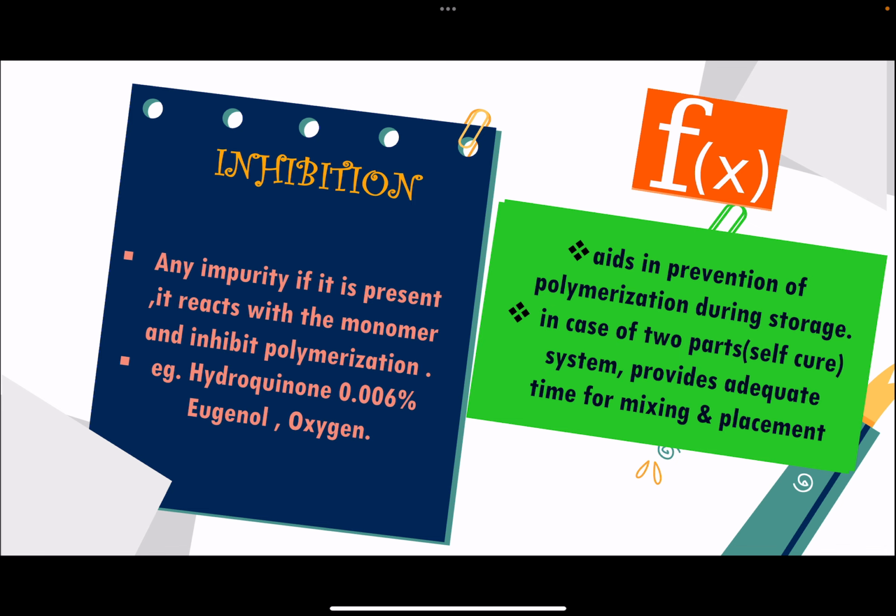Inhibition. Any impurity, if present, reacts with the monomer and inhibits polymerization. Examples are hydroquinone, eugenol, oxygen, etc. An inhibitor aids in prevention of polymerization also during storage. In case of two parts, like in a self-cure system, it provides adequate time for mixing and placement of the material.